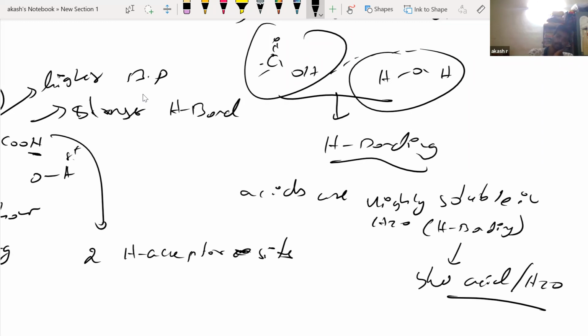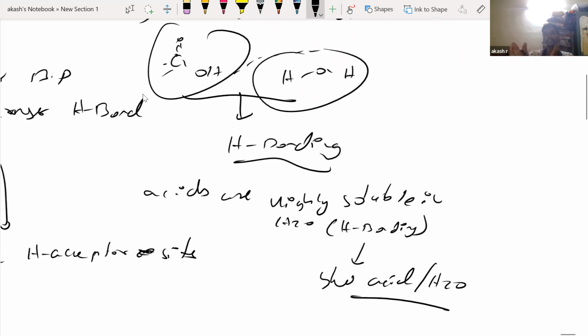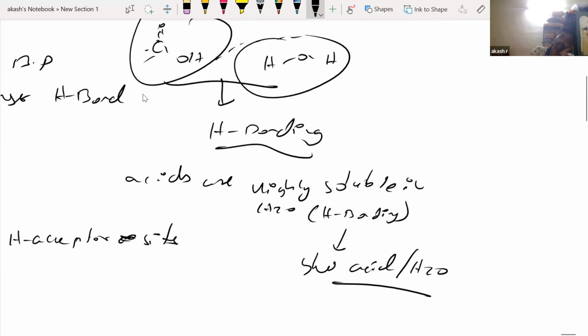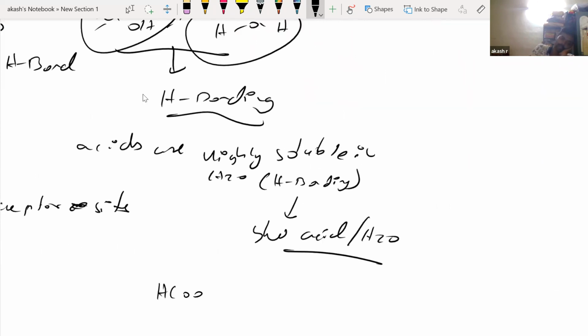Now, what if I compare two acids? Okay, fine, they have hydrogen bonding, so they will be highly soluble. But what if I compare two acids now? Say I want to compare the solubilities of HCOOH and CH3COOH. So let us again take a vote. We have already done this kind of thing in alcohols, aldehydes and ketones also.